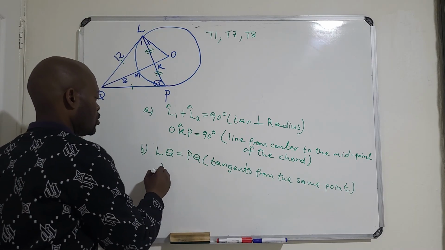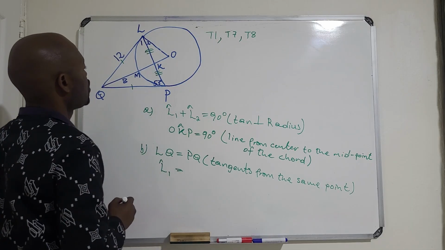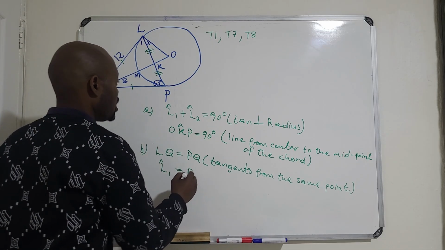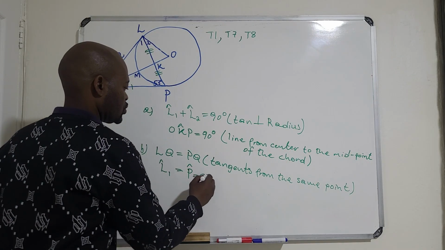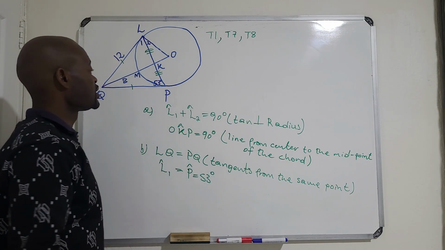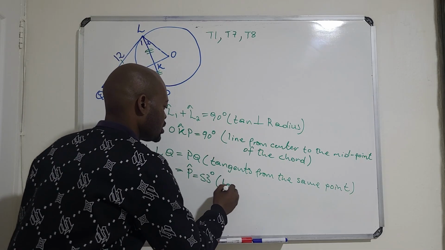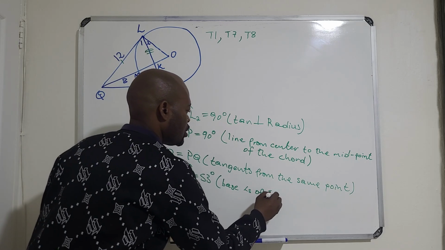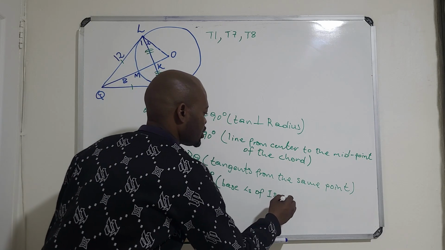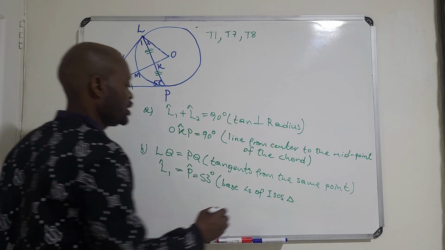Now, angle L1 is equal to angle P, which is equal to 53 degrees. Reason: we know these are base angles of isosceles triangle LQP.